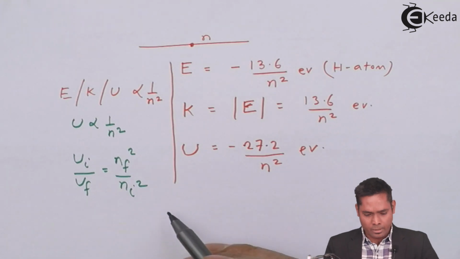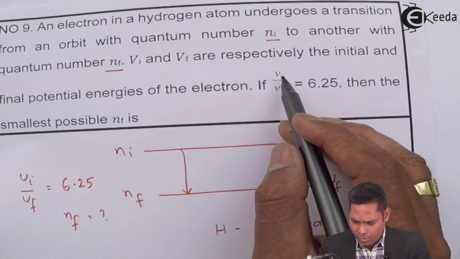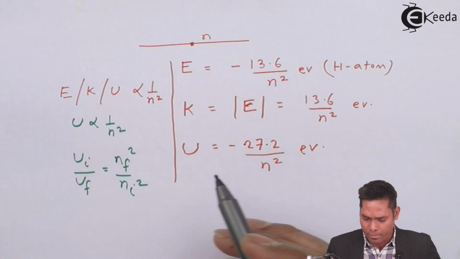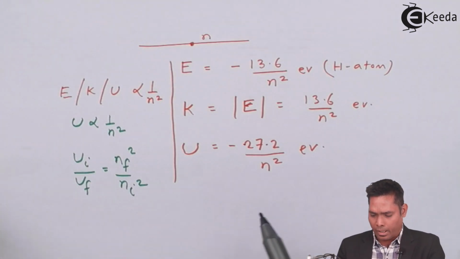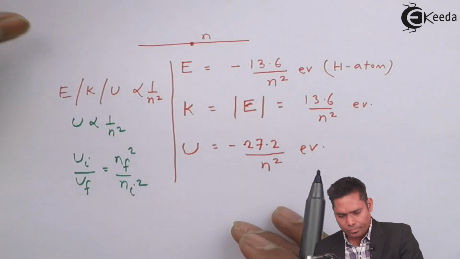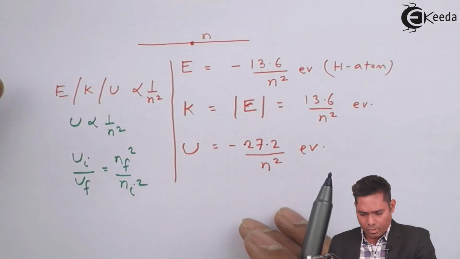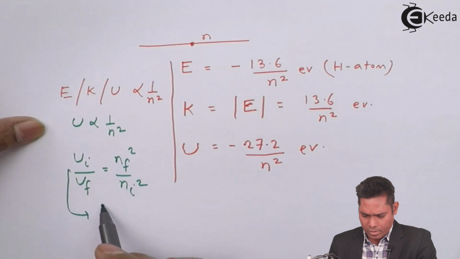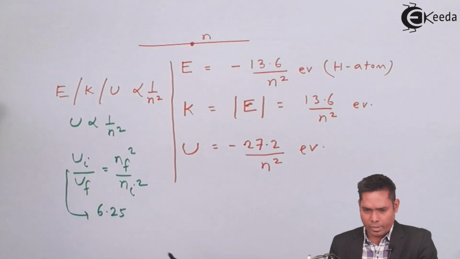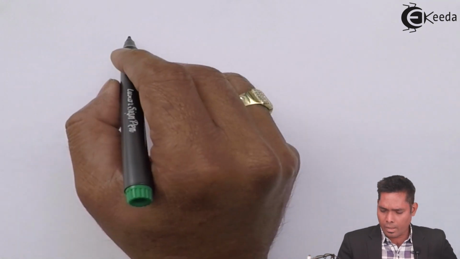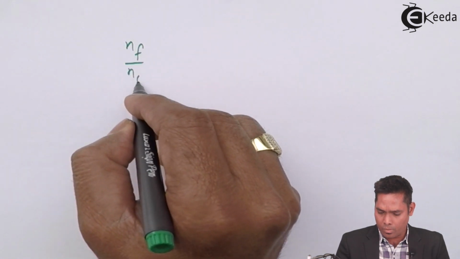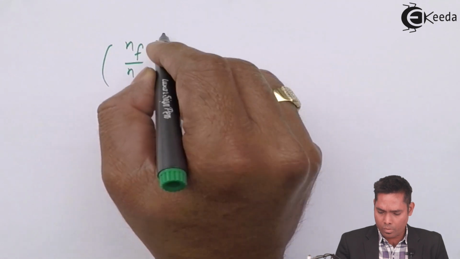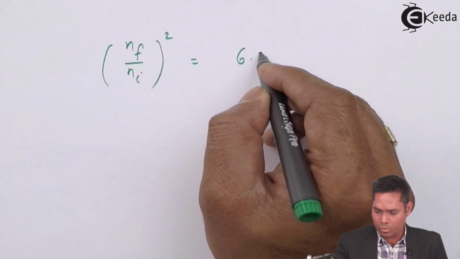So from here, what is given is that this ratio Vi by Vf is 6.25. So I can write Nf square over Ni square is 6.25.